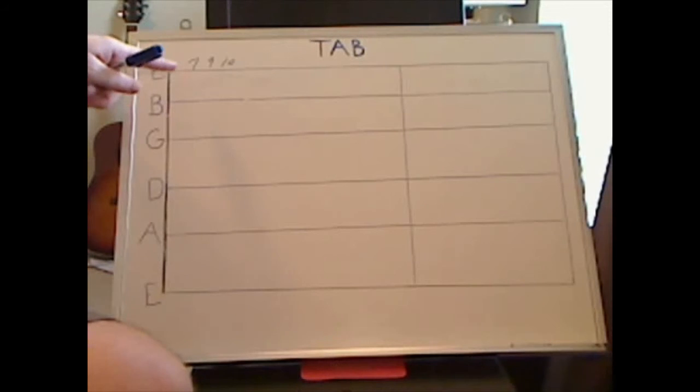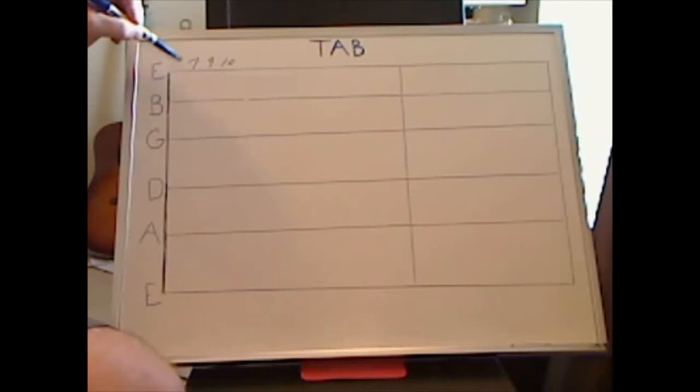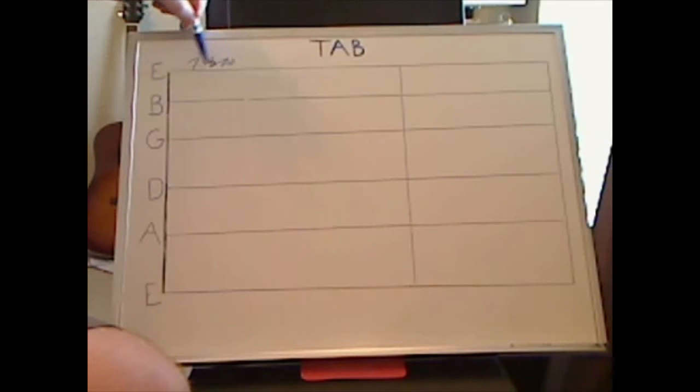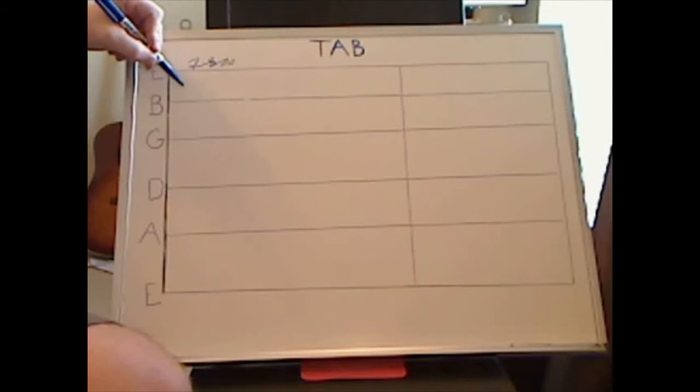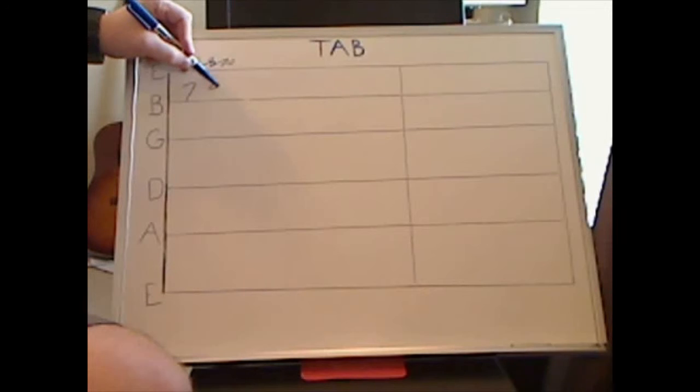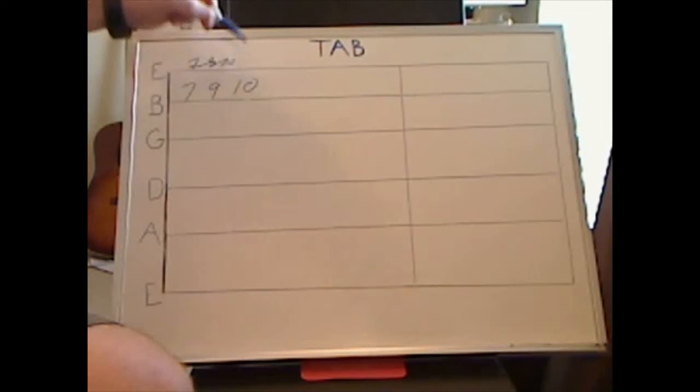Sometimes, if you're reading this on the internet from a free guitar tab website, you'll see the numbers actually in the lines, but I don't want to write them into the lines because this is just dry erase and it'll mess up. So I wrote a 7, a 9, and a 10 right there. I know that's a little hard to see, so let me write that a little bigger on this string: 7, 9, and a 10.